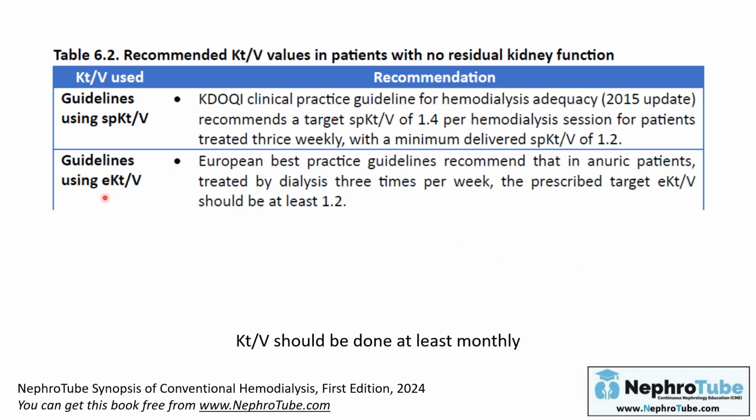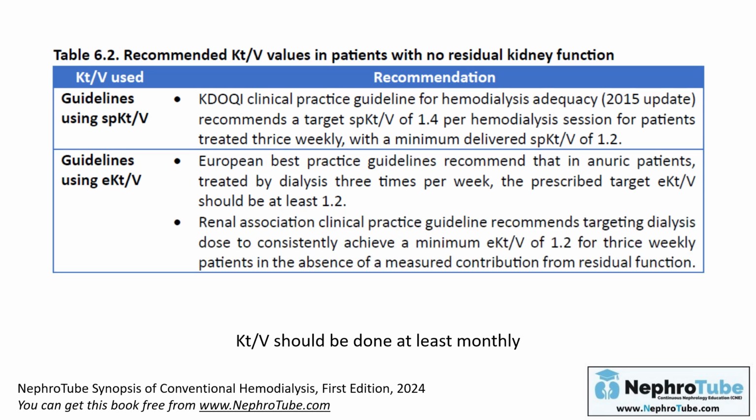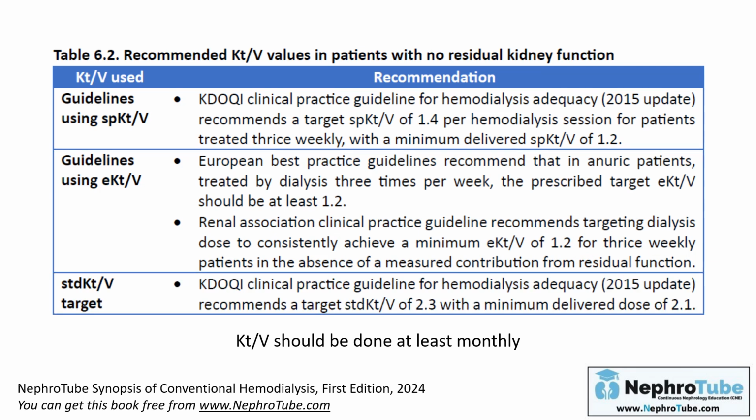Regarding guidelines using the equilibrated KT/V, the European Best Practice Guidelines recommend that in patients who are dialyzing 3 times per week to have at least equilibrated KT/V of 1.2. The Renal Association Practice Guidelines said the same. For patients with thrice weekly dialysis, equilibrated KT/V must be at least 1.2.